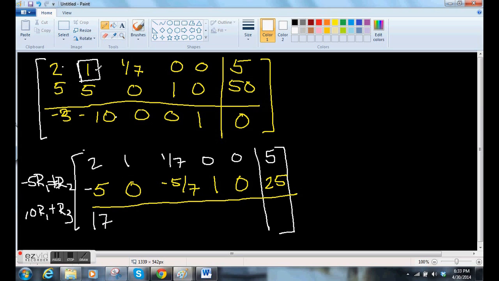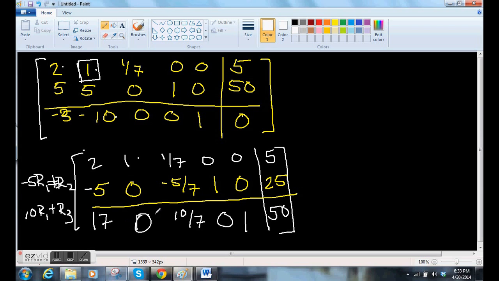Then 10 times 1 is 10 plus -10 is 0. Then 10 times 1/7 is 10/7. So this becomes 10/7. 10 times 0 is 0 plus 1 is 1. And then 10 times 5 is 50, plus 0 is 50.